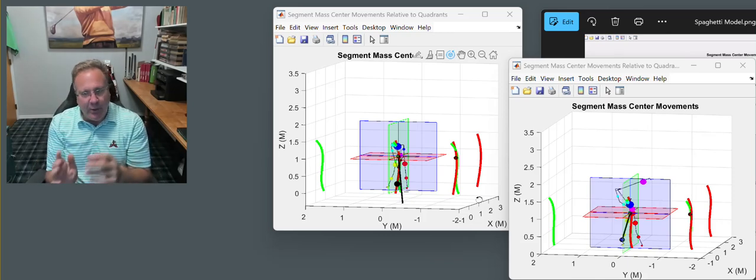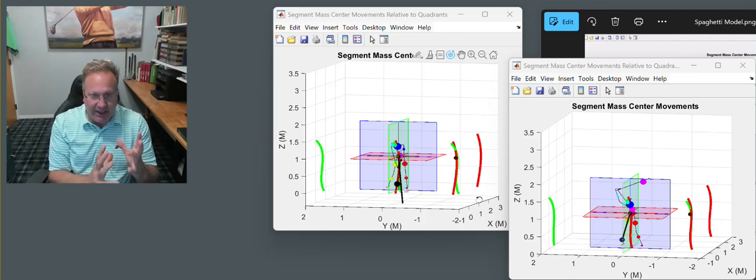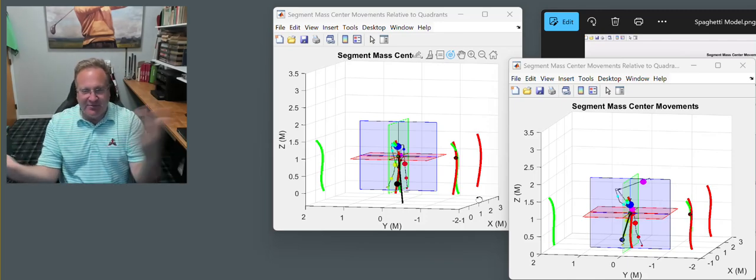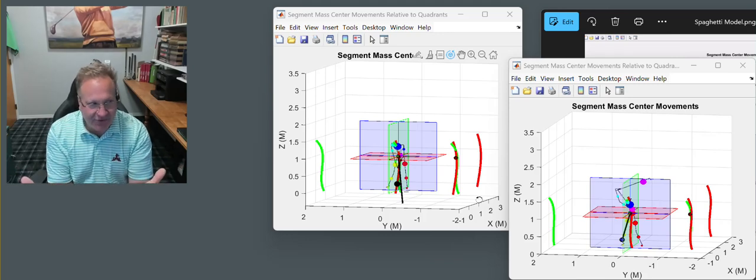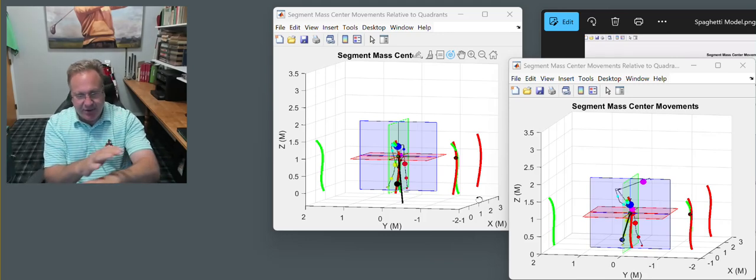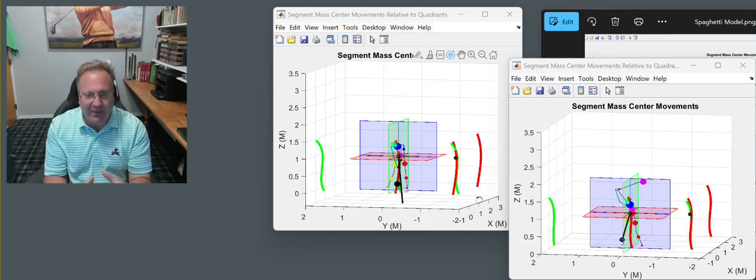Now, when we do our modeling, our model of the human body is a rigid body. So this model that you're seeing is what really happens. We take motion capture of the person, which I'm sure you've all seen, very detailed motion capture from a certain marker set, and then we create a full body model.